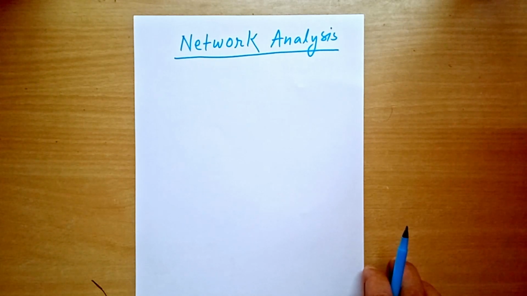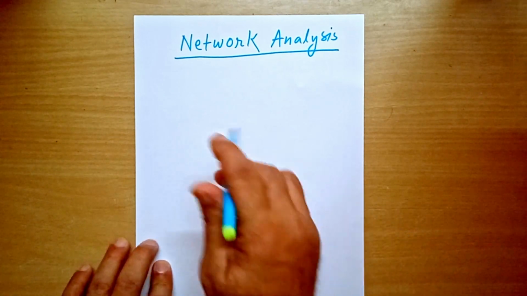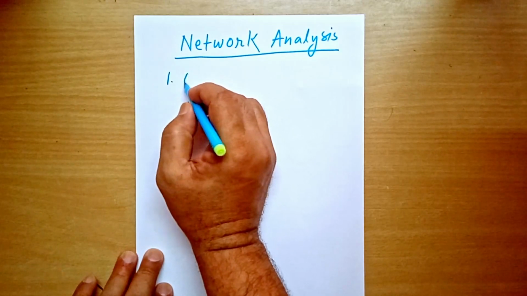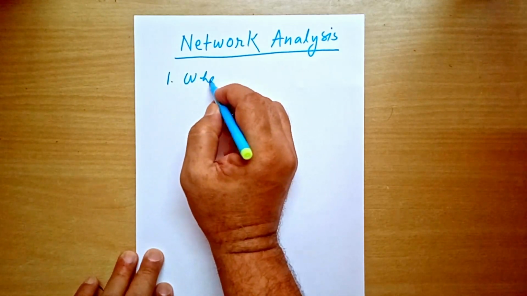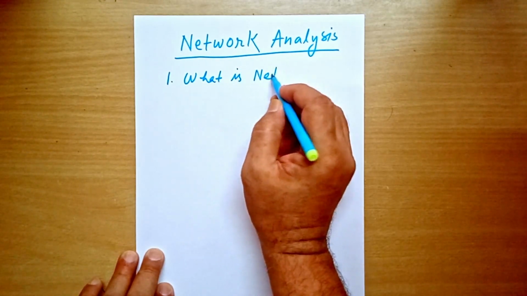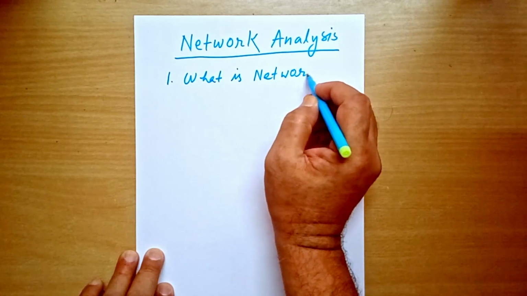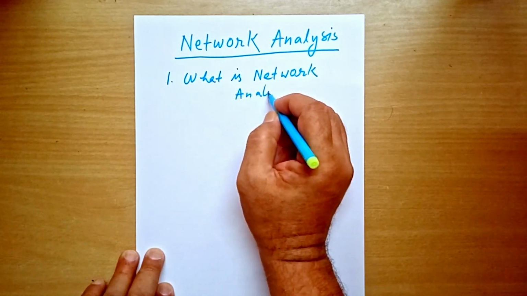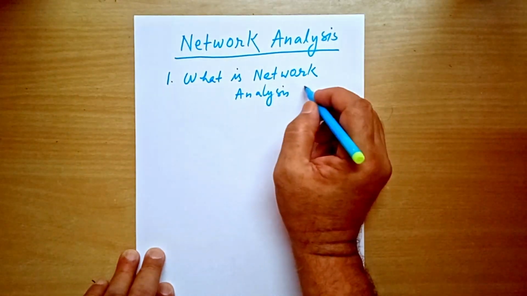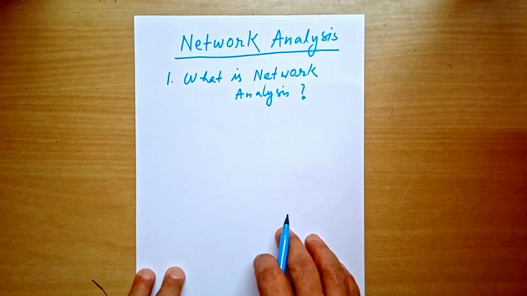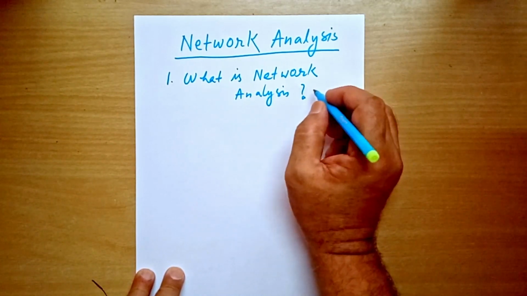And also, to start with, first we'll talk about what is network analysis. We'll talk a little bit in detail about what network analysis is. Actually, we'll try to define it.